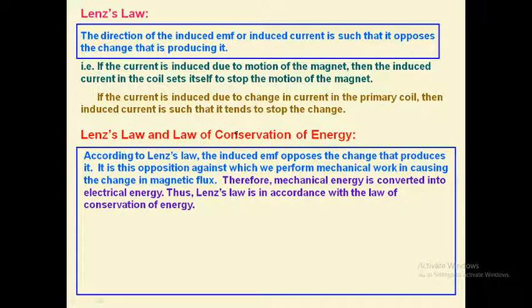See, very simple. If without a battery or cell one can get current, then definitely a question will arise: are you getting electrical energy without expenditure of any other form of energy? Is it possible? Because the law of conservation of energy says energy can neither be created nor destroyed. So how can you create electrical energy? It's not possible. When we have a cell, we say the chemical energy is getting converted into electrical energy.